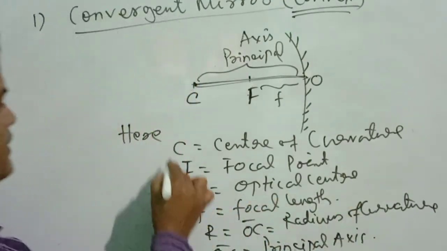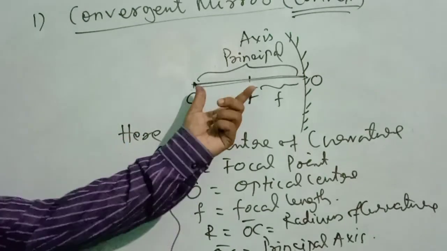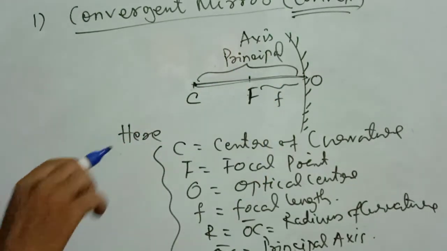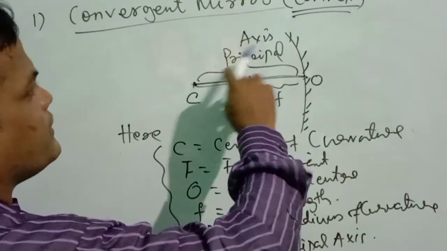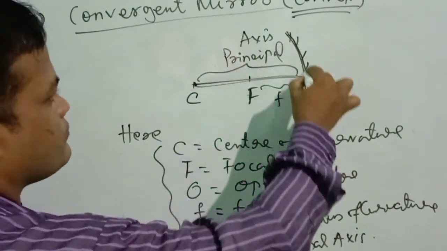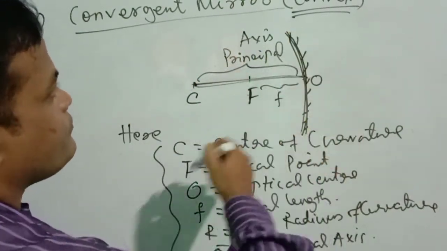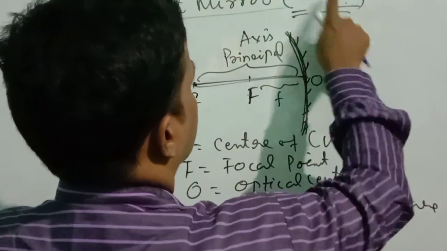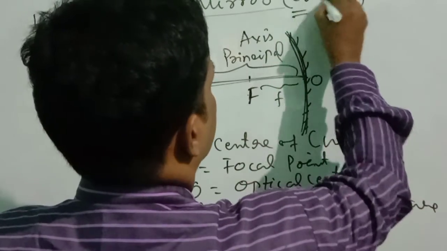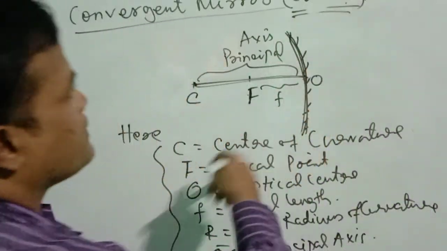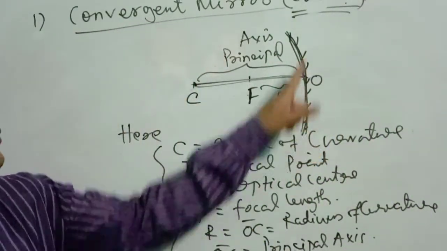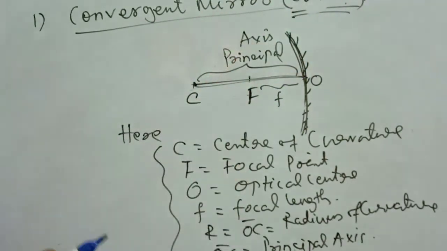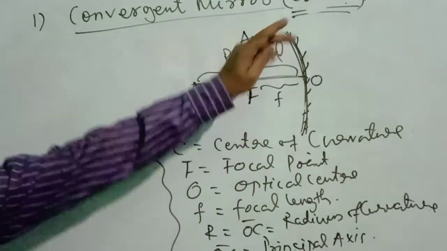This is the data regarding the converging mirror. Here we mean the concave mirror, not convex. It is drawn concave, but we have written convex, so let us take it as the concave mirror. So this is all about the concave mirror.